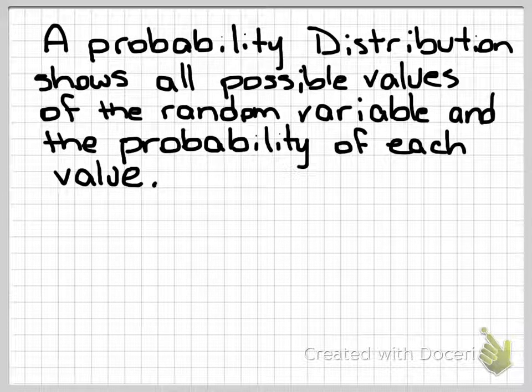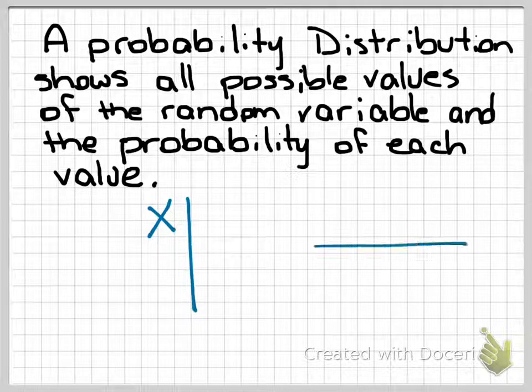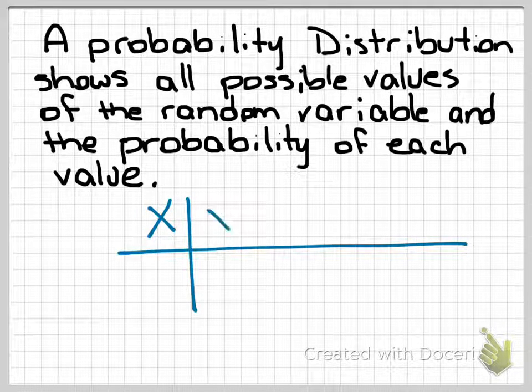A probability distribution will always show all of the possible values of the random variable, but also the probabilities. So we just kind of make a table of the random variable x, and we show all of the x values, the first x value, which is not x sub i, which is x sub 1.